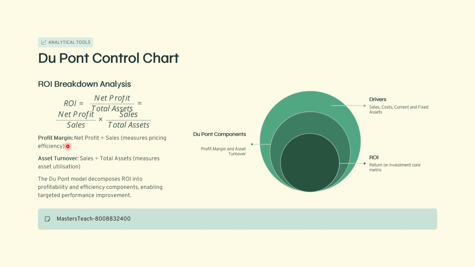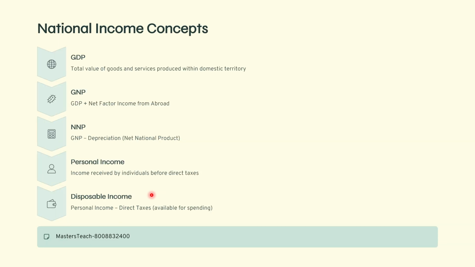Profit margin is net profit divided by sales. Asset turnover is sales divided by total assets. The DuPont model decomposes the rate of return on investment into profitability and efficiency components, enabling targeted performance improvement.